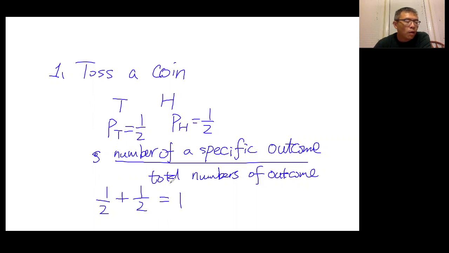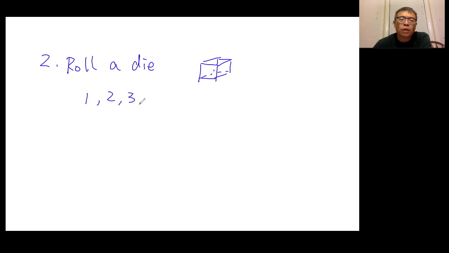Now, similarly, if you talk about rolling a die, like a normal die, there are all kinds of dice you can have, but normally we have the cubic one, with dots on each face, from 1 to 6. Again, the outcomes you can have are 1, 2, 3, 4, 5, and 6.